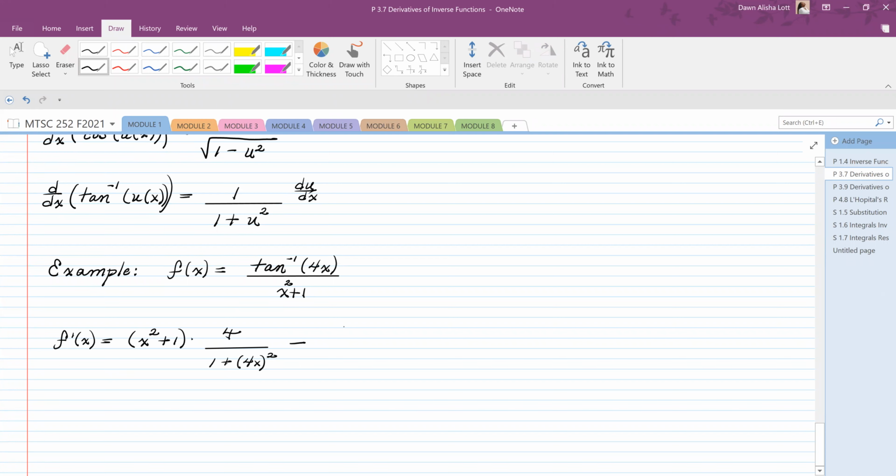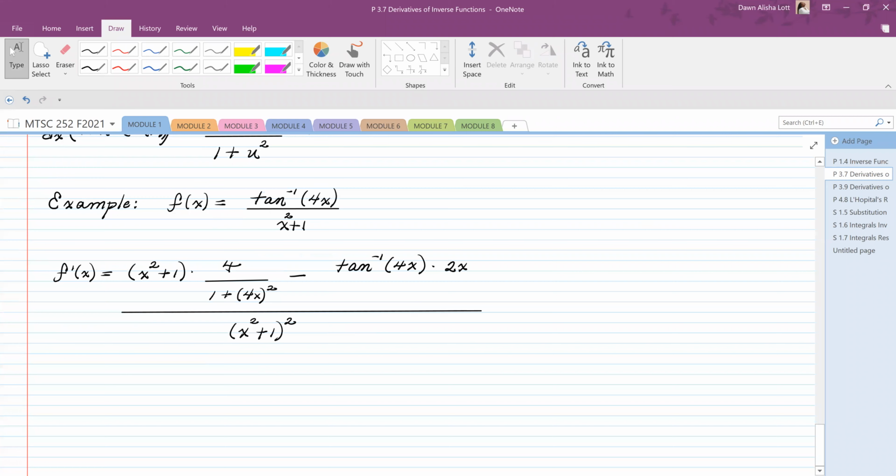Minus the top, which is the tan inverse of 4x, times the derivative of the bottom, which is 2x. And then that whole thing is over x squared plus 1 squared.